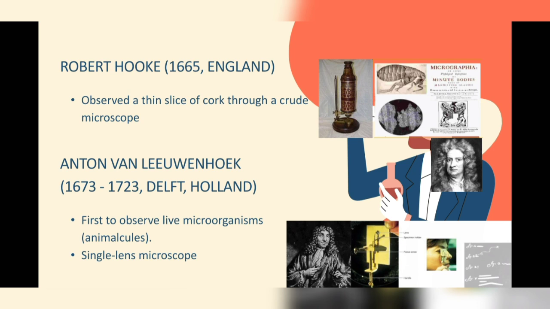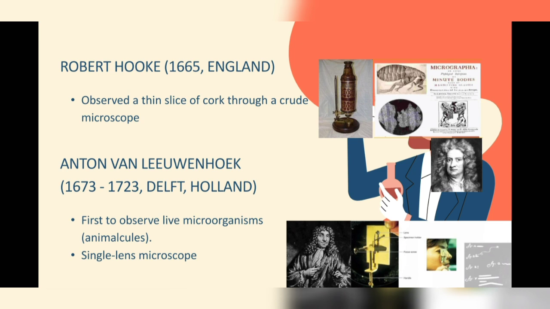Van Leeuwenhoek made detailed drawings of organisms he found in rainwater, feces, and material scraped from teeth. These drawings have since been identified as representations of bacteria and protozoa, as you can see in the picture on the right.